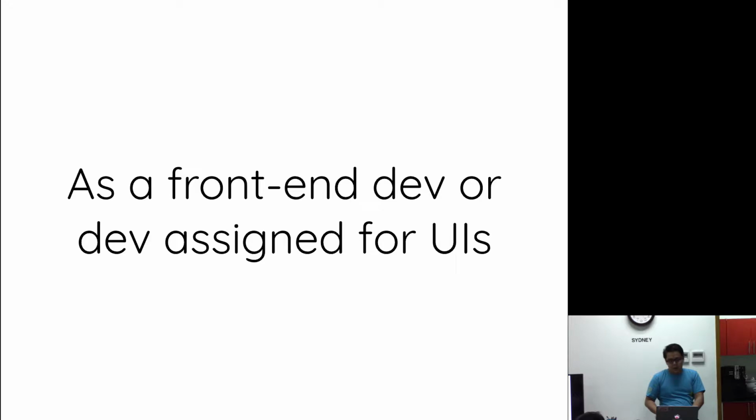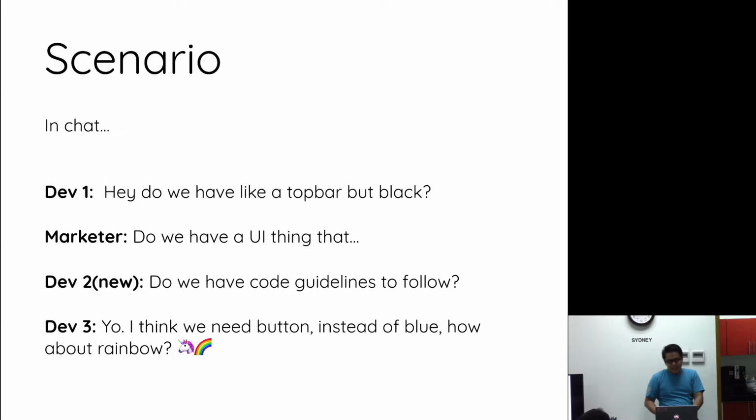But many months later, the project starts to get bigger and bigger, and being a front-end developer, or just the guy that is assigned the UI feature stories, this is the kind of scenario that happens.